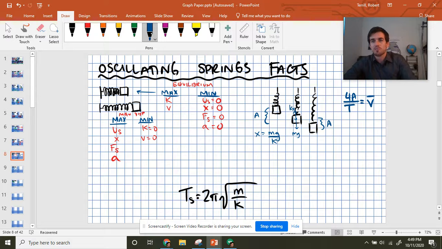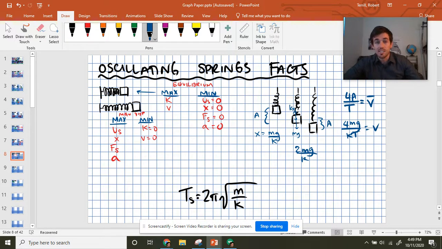So we can plug that in over here and say that the average speed would be 4mg over kT, where the total distance it's going to travel is 4mg over k. The displacement from the top to bottom would be 2mg over k. So just some math manipulation stuff that comes up every once in a while.